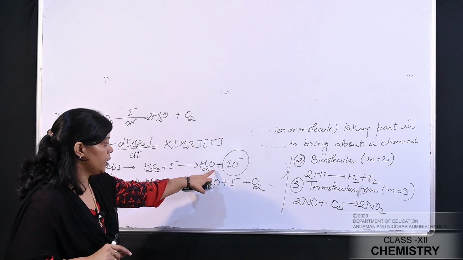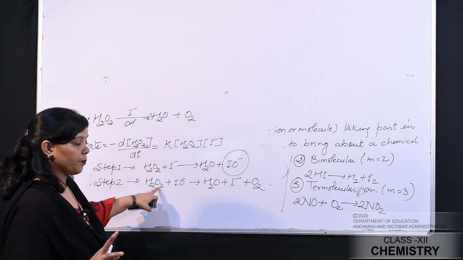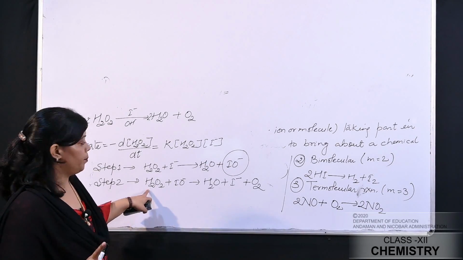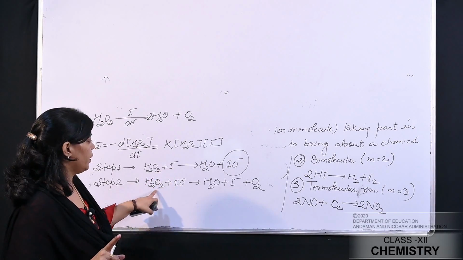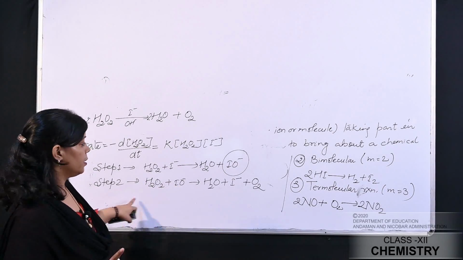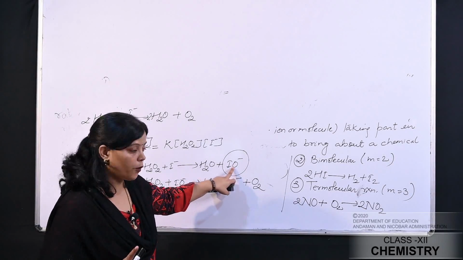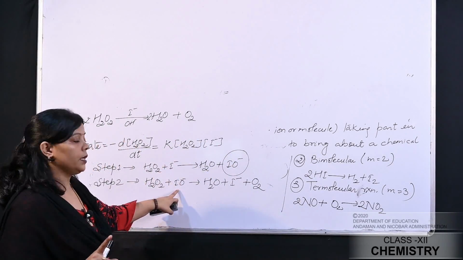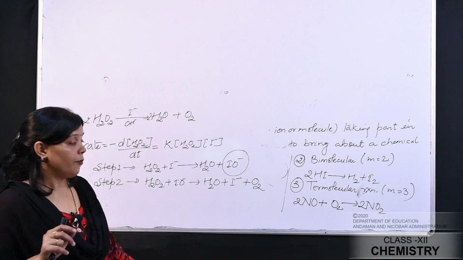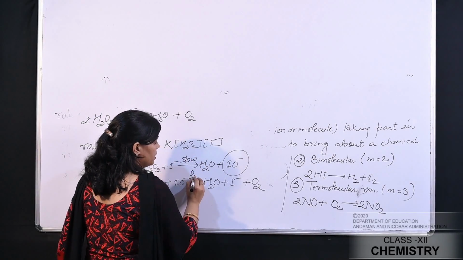In this reaction, we come to the conclusion that step 1 and step 2 are each a bimolecular elementary step, because both steps involve a reaction between two reacting species. Second, IO negative is an intermediate, because it is formed in the first step and consumed in the second step to give the product. Third, the first step is the slow step, and the second is fast.